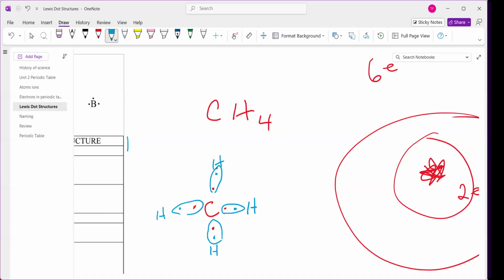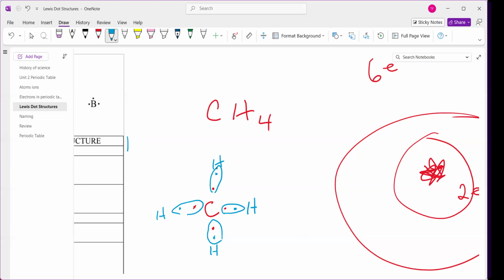So now we check, is this legal or not? There are 2 steps determining whether it's a legal structure. Number 1, how many bonds does carbon have? 4. How many should it have? 4 bonds. Hydrogen has 1 bond. The other thing is you count up the total number of electrons.